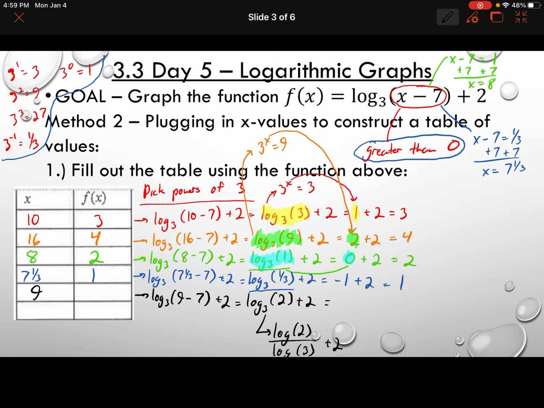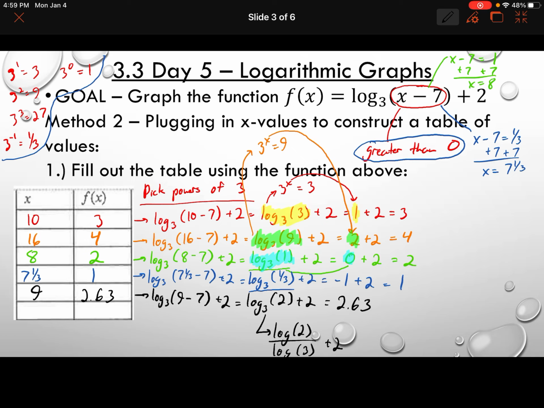I did log of 2 divided by log of 3, and then plus 2. If I round that to 2 decimal places, that gets me 2.63. So there you go.